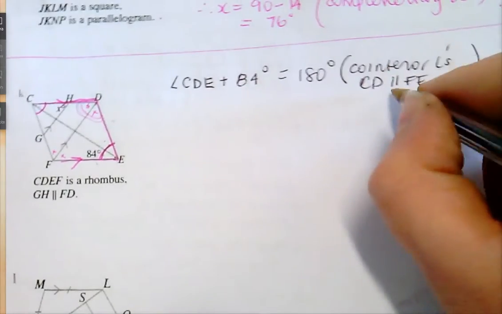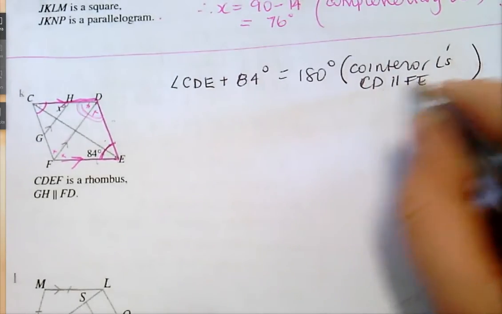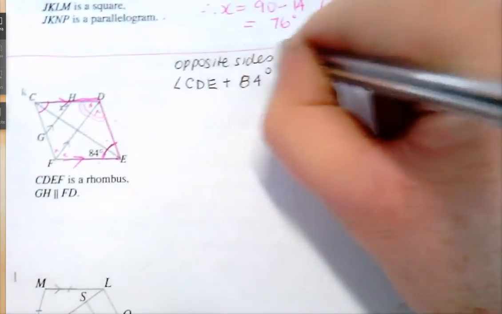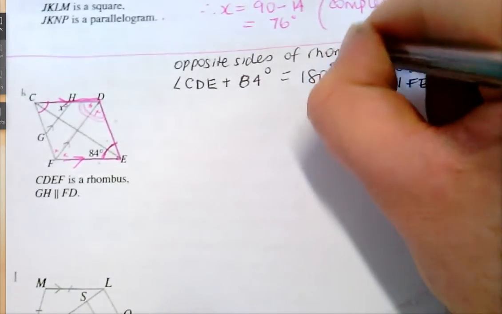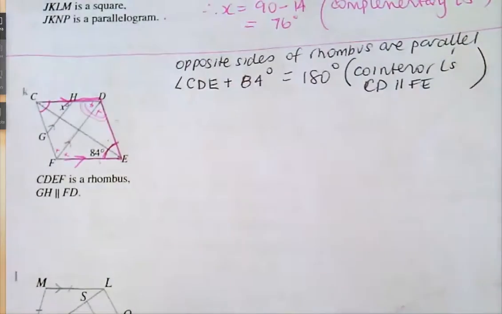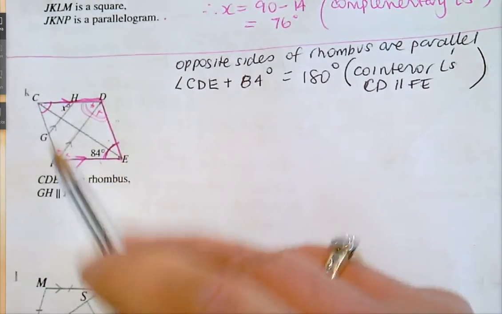We've said that because opposite sides of a rhombus are parallel. So I'm just going to put that as well. Opposite sides of rhombus are parallel. So therefore, there's my backwards C.